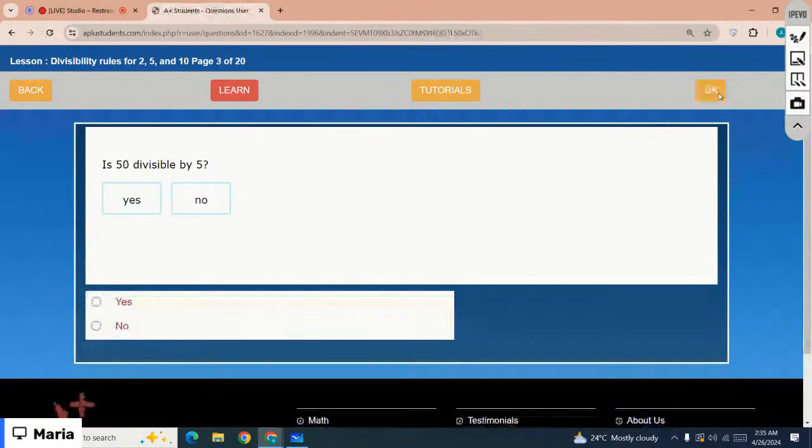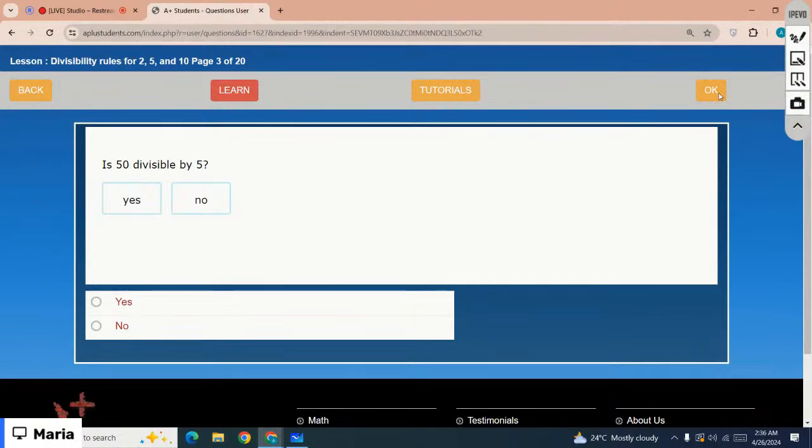Okay, the next one: is 50 divisible by 5? So, which is the correct option? Yes, it is.